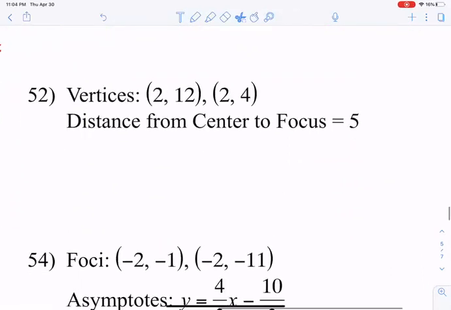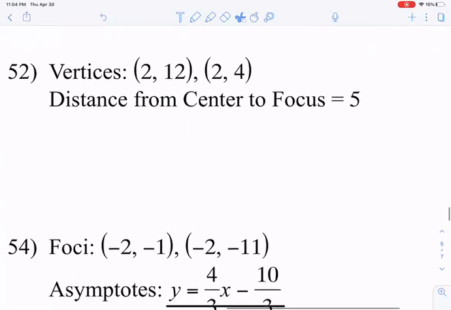Okay, so next number, 52. The vertices, again, these are A's, and the distance from the center to focus is 5. So let's find out what is fixed and what's not fixed to find the value of A. This is fixed, so this guy is 8 units, right?